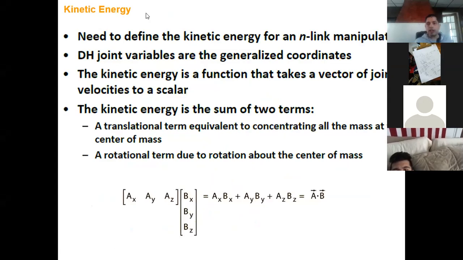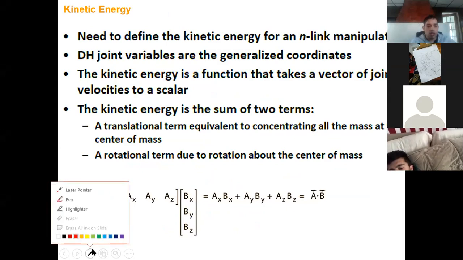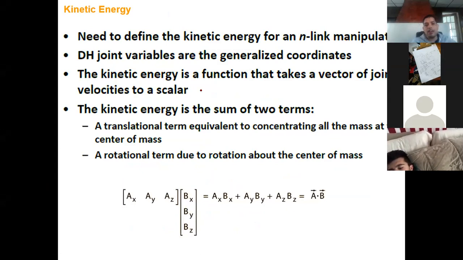Now to do the N link, if you want to go to the N link robot, I need some background concepts, okay? So our goal is to define the kinetic energy, because I need the Lagrangian, that's the whole idea, right? So I need the kinetic energy for the N link robot, and also the potential energy for the N link robot.